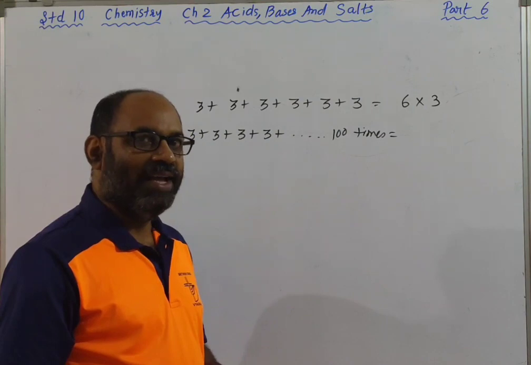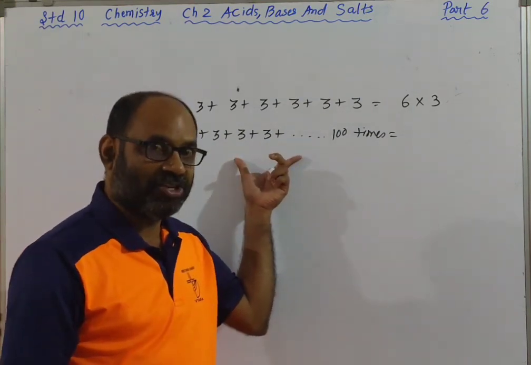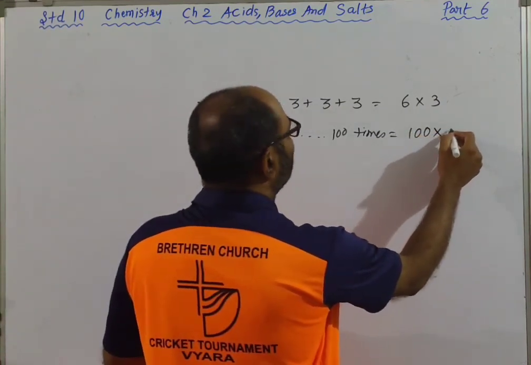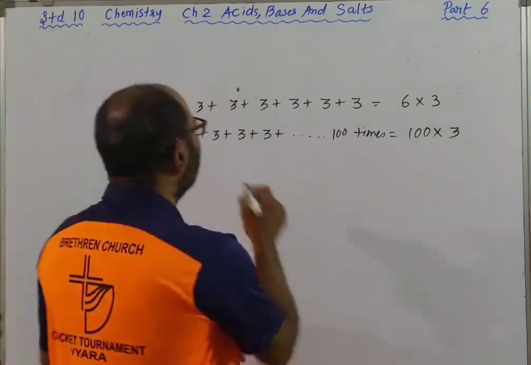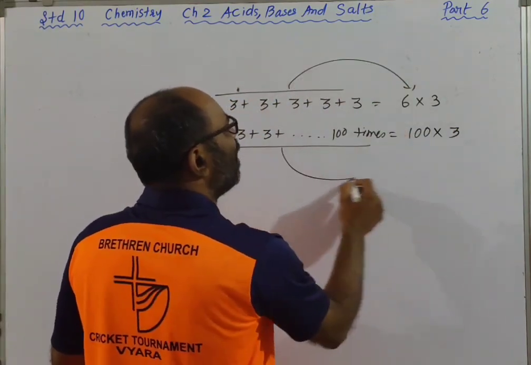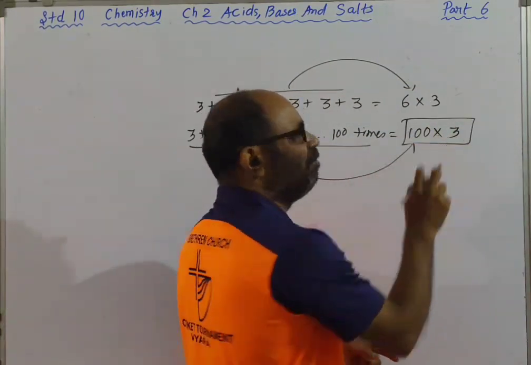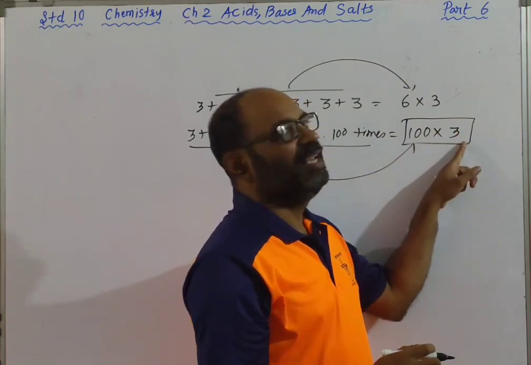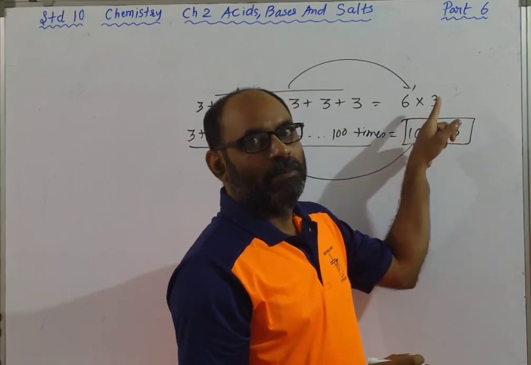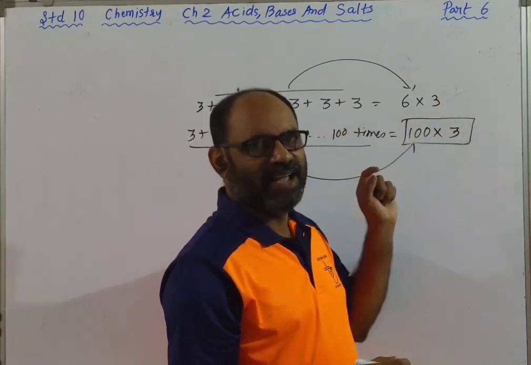That is the reason why mathematicians thought of expressing such lengthy expressions in brief form. Here you can write 100 times 3. Mathematicians said don't write it like that, write it like this, express it in brief. Then we have to understand 100 times 3 means 3 is repeatedly added with itself 100 times. 6 times 3 means 3 is repeatedly added with itself 6 times.